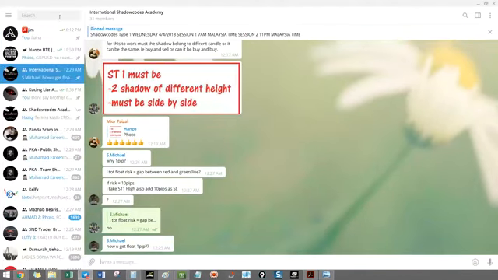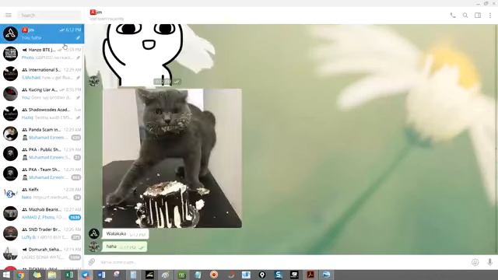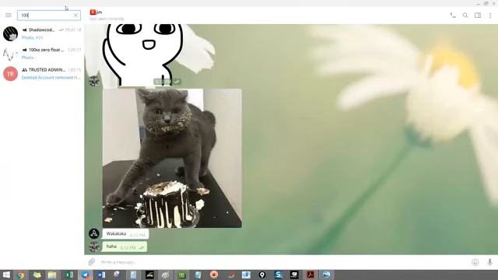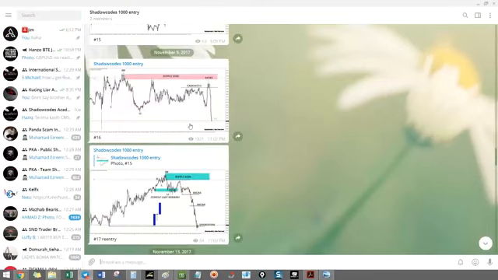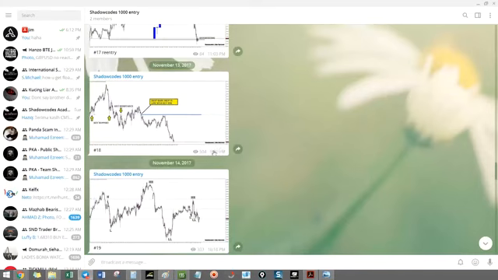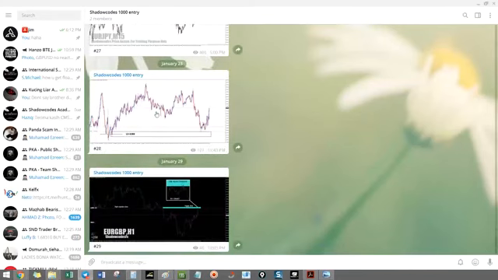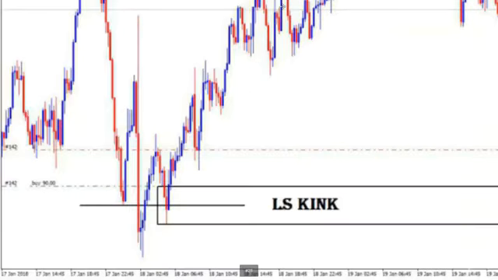I'll show you one of my trades. This is not a fantasy. This is not just the thing that you see in back test. I proved it in front test. For example, you have something like this.